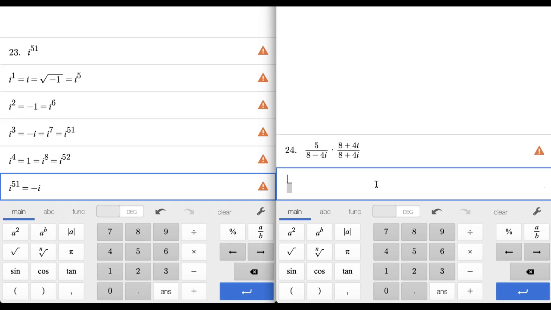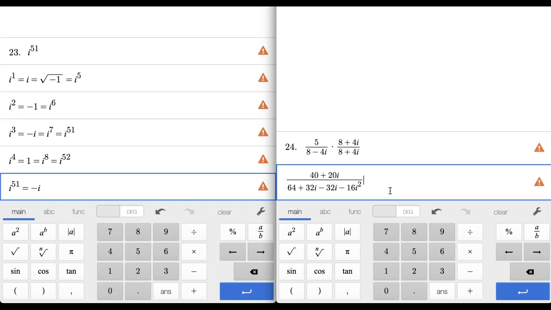Okay, so let's work our distribution. You should get 40 plus 20i on top. And then on bottom, you get 64 plus 32i minus 32i minus 16i squared. And then let's go ahead and simplify this.